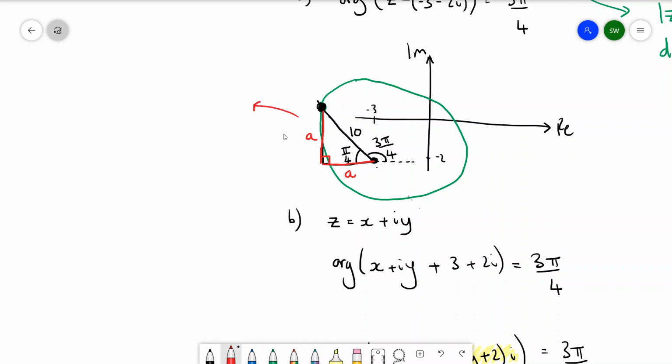So in this case, we know that A squared plus A squared equals 10 squared. So 2A squared equals 100, and A is equal to 5 root 2.